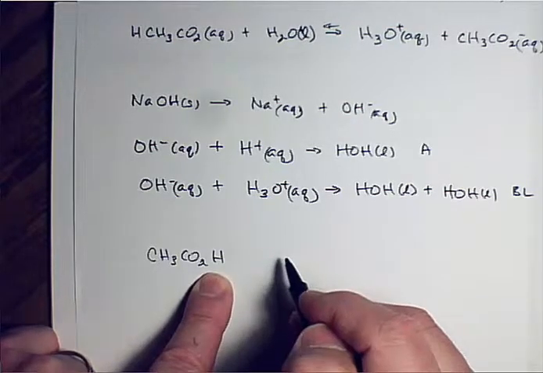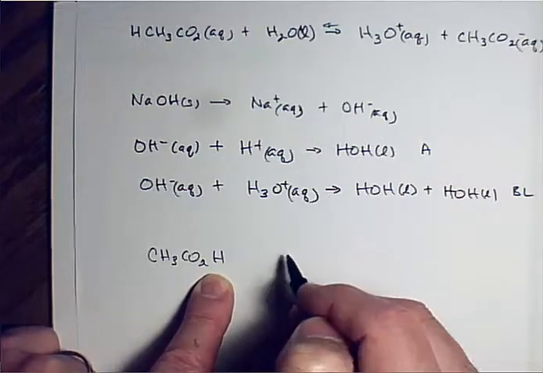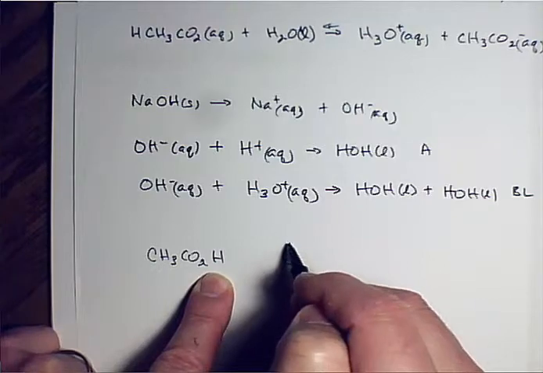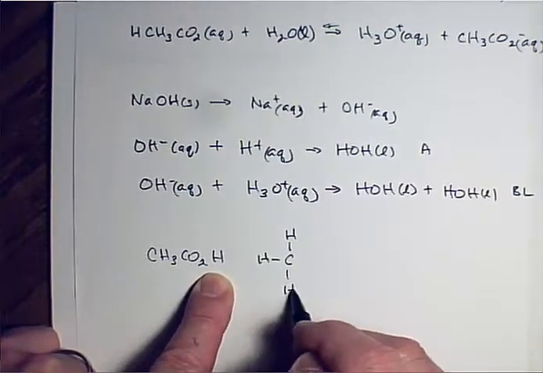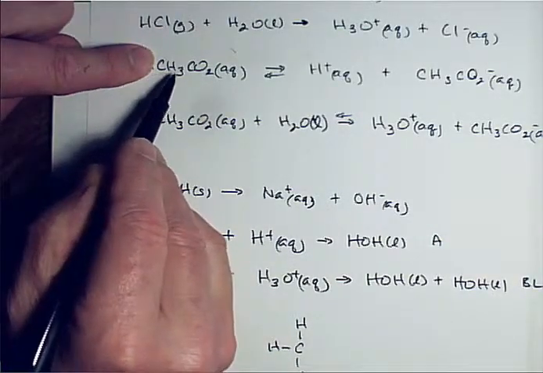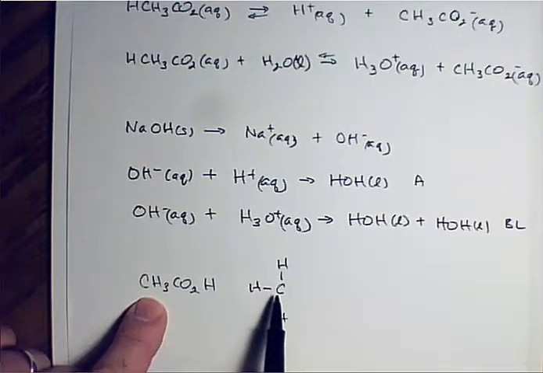If we were doing this in the Lewis formula system, remember Lewis dots we just did a minute ago? Let's do a Lewis formula instead of Lewis dots here. So I'm going to have the shared pairs of electrons replaced with lines. These three hydrogens are attached to this carbon.